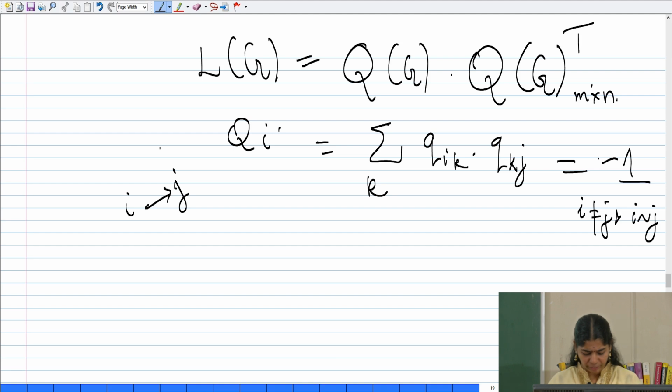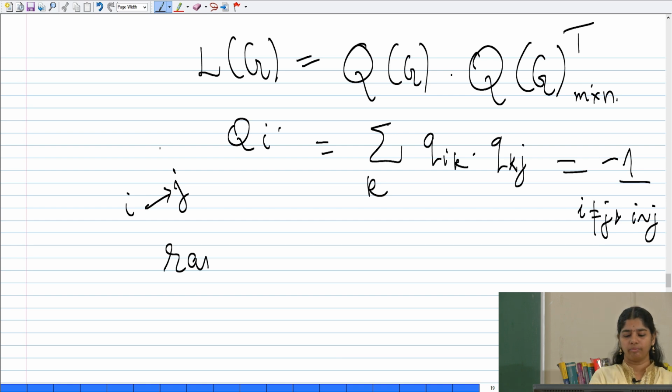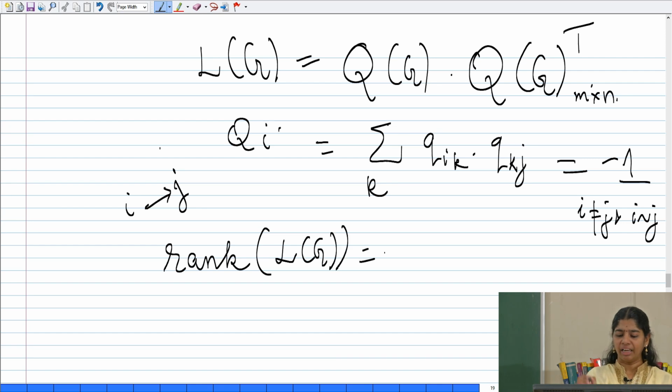So, now from here, if I want to connect to Laplacians and the other properties of Laplacians, we know Q of G has rank n minus k, right. So, what can we say about the rank of this product? Already we know that the rank is less than or equal to n minus 1, because L has row sums equal to 0.